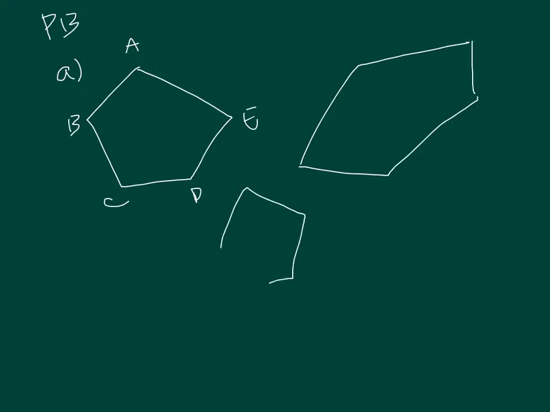So for any pentagon, if you add all the 5 angles inside the figure, it's always what was that? 540? Yeah, it's always 540. And why is that? So that's problem number 13.